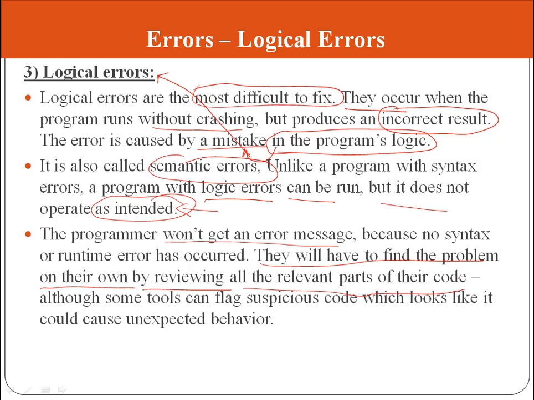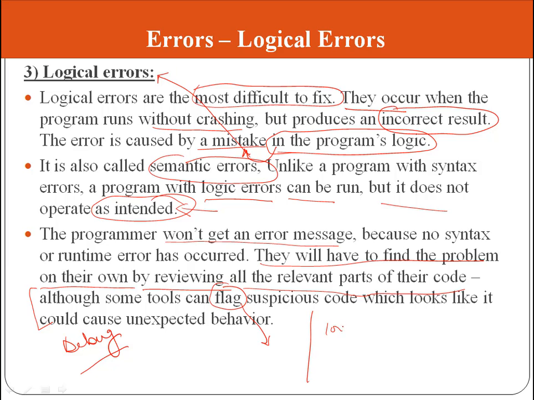There is no runtime error, there is no syntax error, and now the programmer has to find it by reviewing the whole code. So how can you debug the logical error? You can put flags in between and try to get the intermediate results.